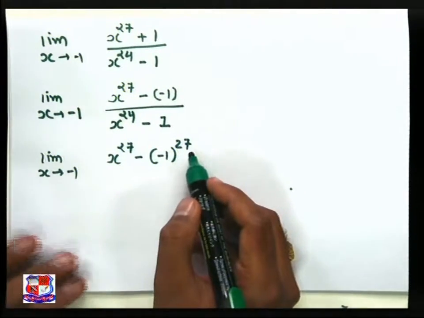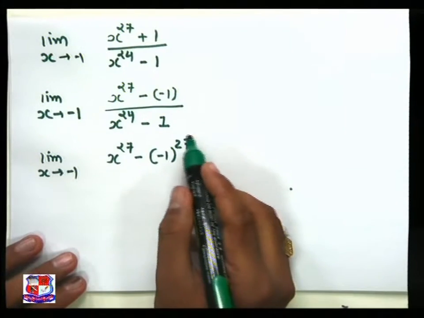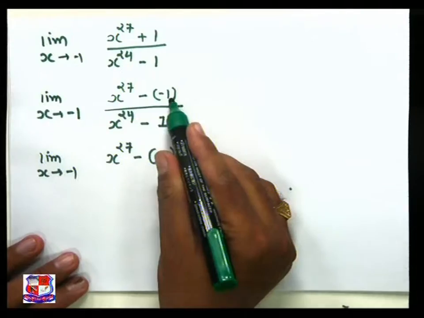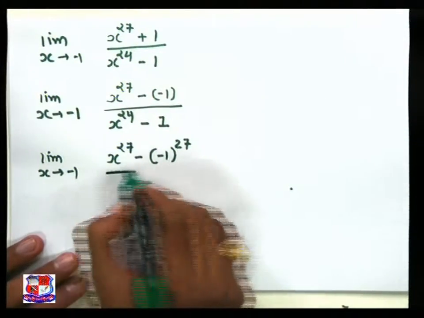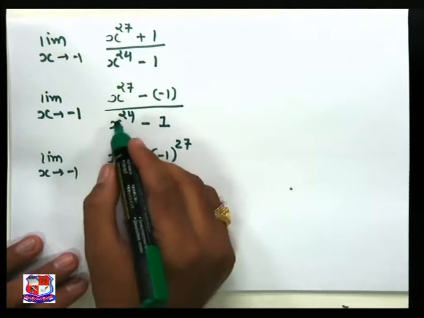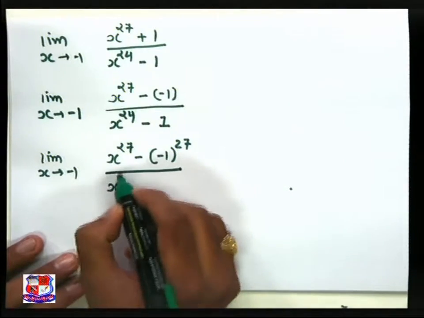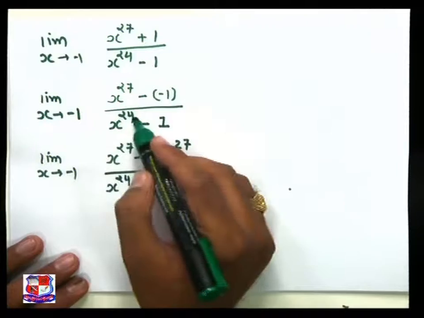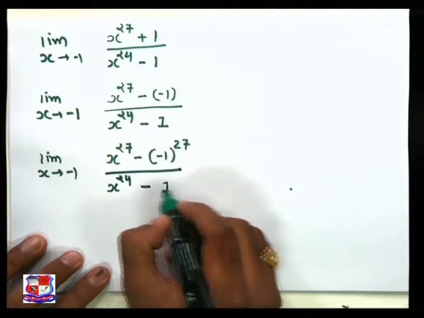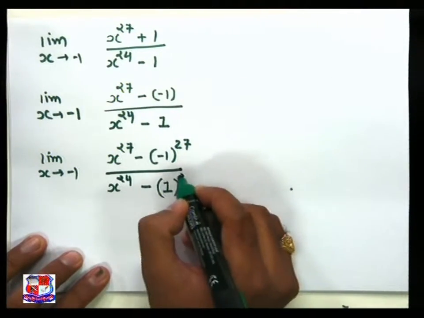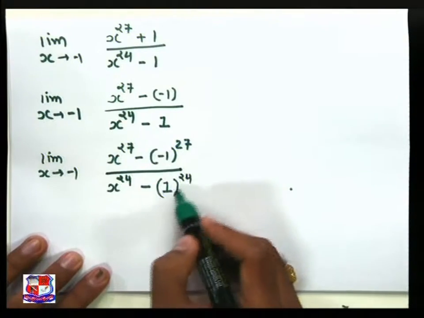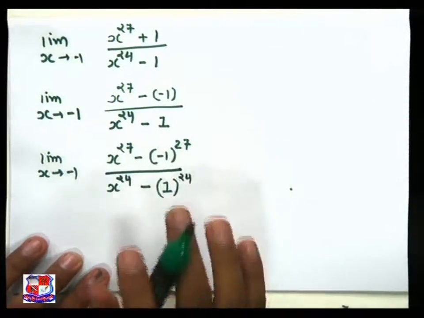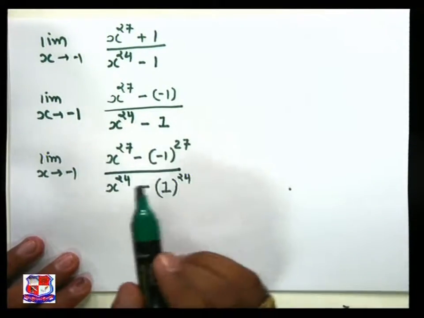We can write it easily because this is an odd power, minus 1 raised to 27 becomes minus 1, divided by x raised to 24 as it is. We require the same power here, that is 24. So we can write directly 1 raised to 24, that is an even power, and the answer becomes 1.